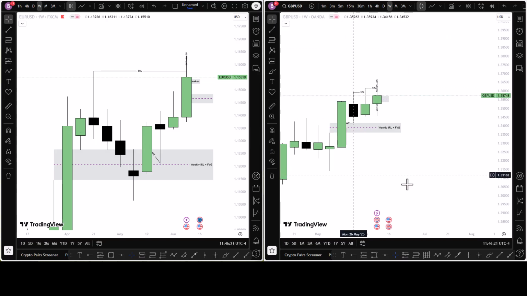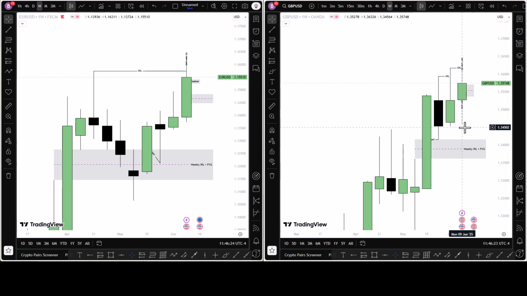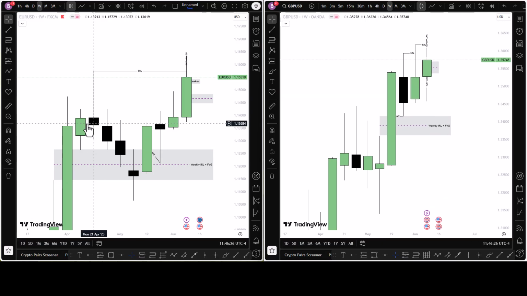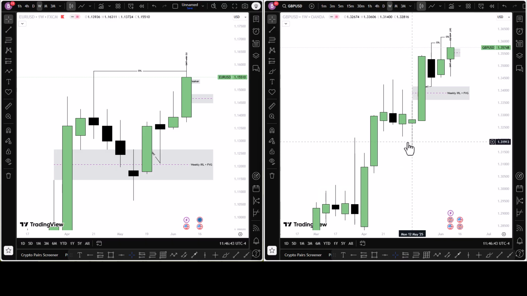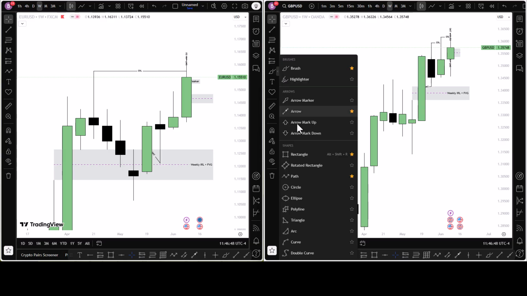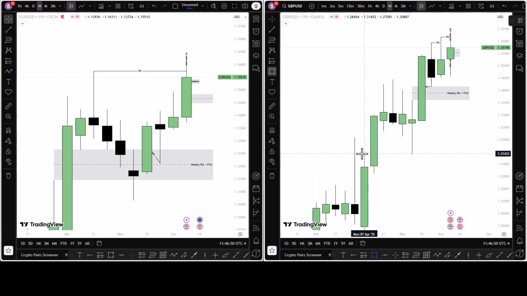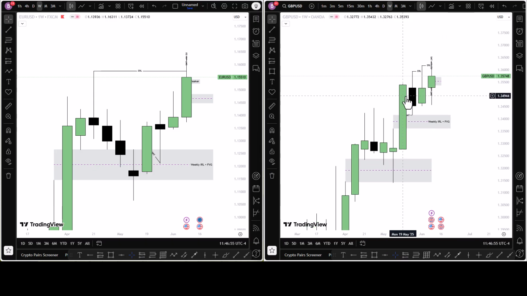So here on both pairs, what do we have? We have an internal range liquidity here, and we see price came into it, tapped into the internal range liquidity, and here we also see price tapping into the internal range liquidity on the GBPUSD. Here it is, internal range liquidity, and then this external range liquidity was created.